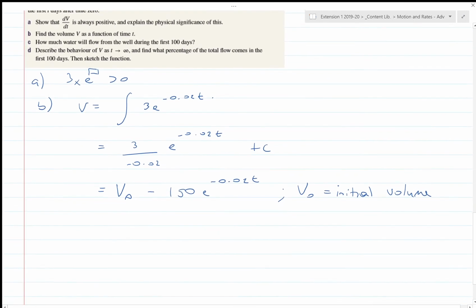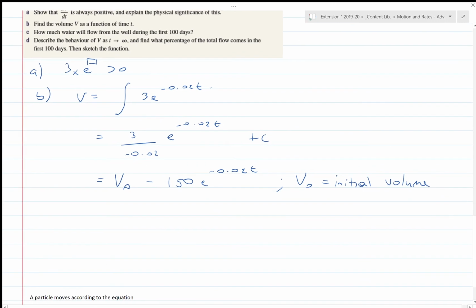How much water will flow from the well during the first 100 days? There are two ways that you could do this. You could just take time 100, at the volume.